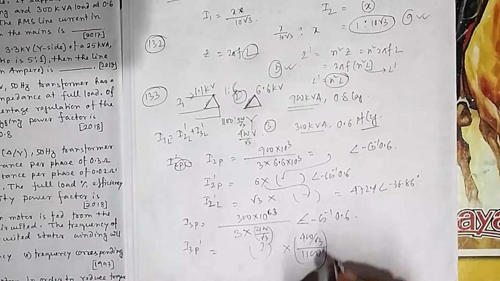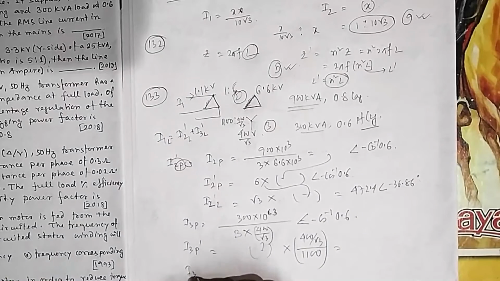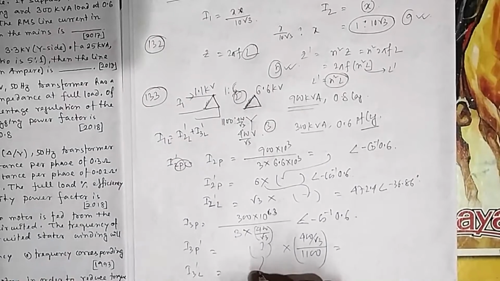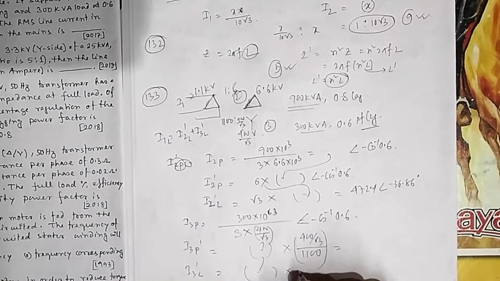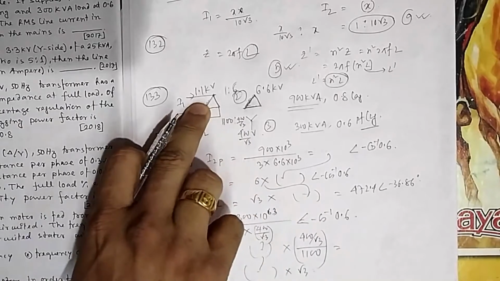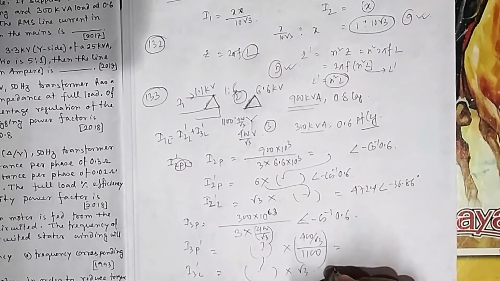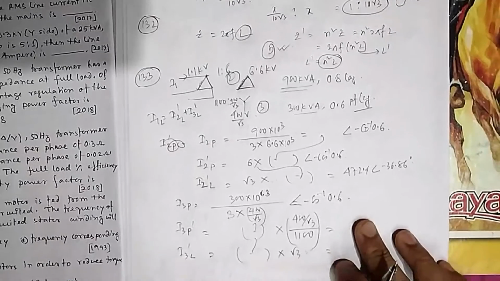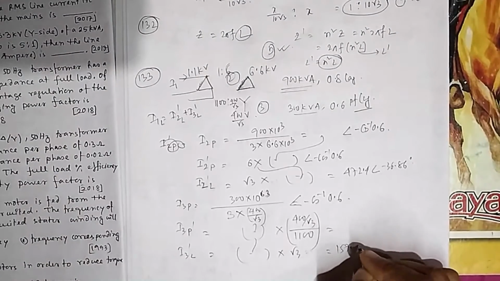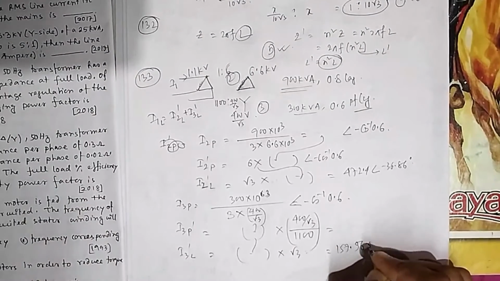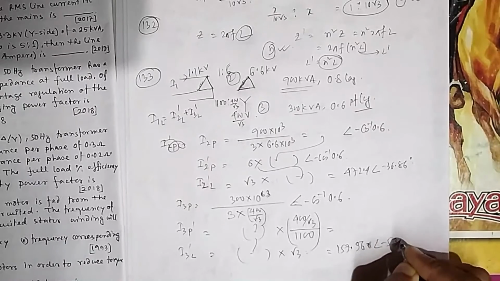So current will get reduced. Now what will be I3 line dash? Whatever you got, multiply by root 3, because you got the phase current and it is the delta side. If you multiply this one, I think you will get 157.56 at an angle of minus 53.13.